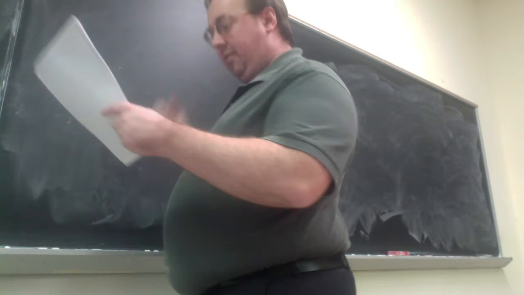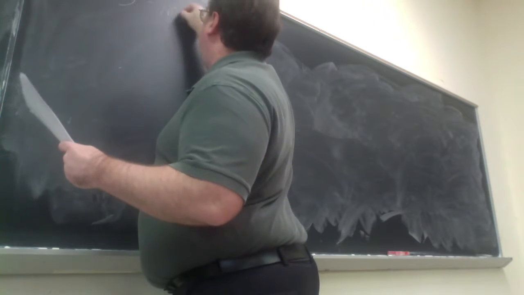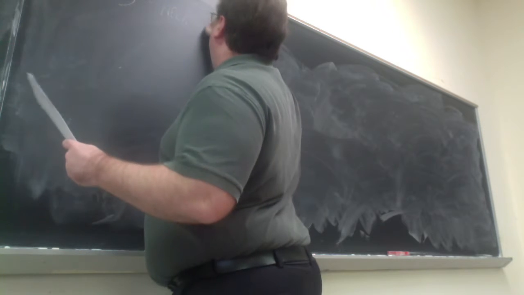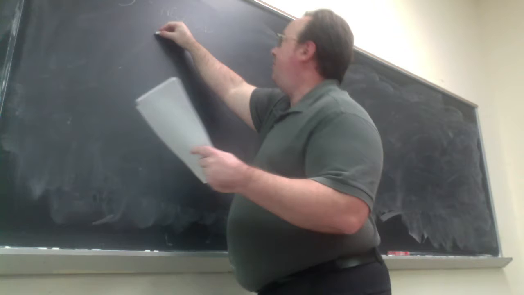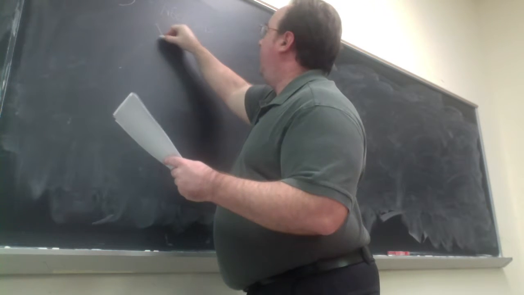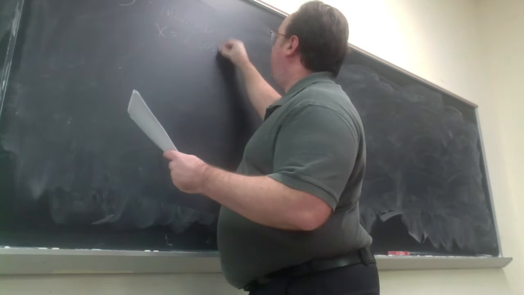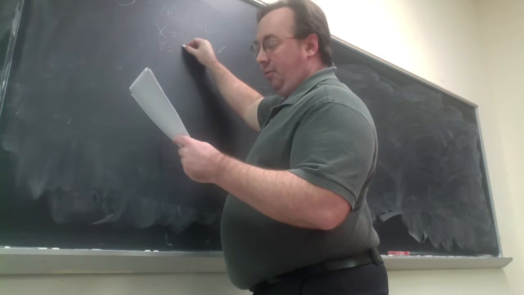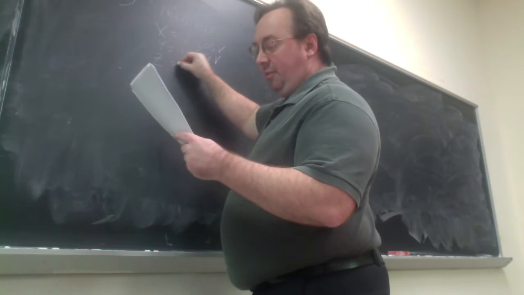Suppose that S is a surface that's called a helicoid, and has these given parametric equations. x is equal to u cosine v, y is equal to u sine v, and z is equal to v.